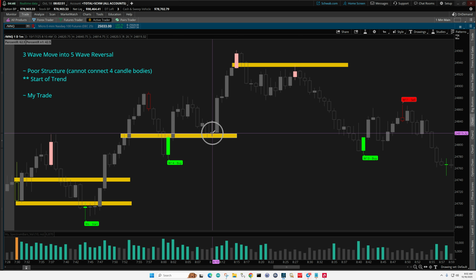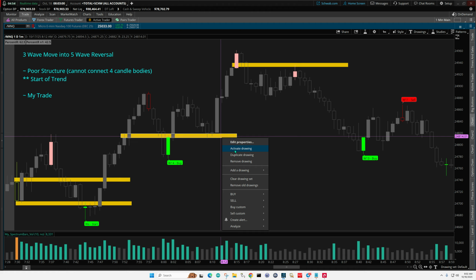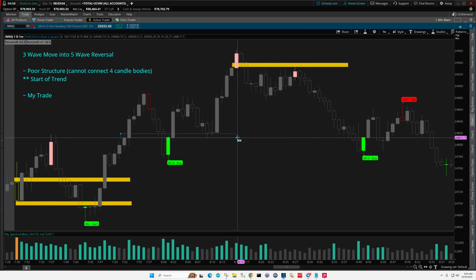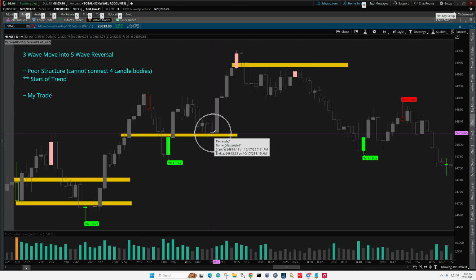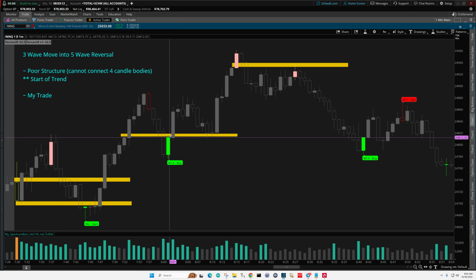So I'm using the bottom of this one, and I'm using the top of, let's say, this green candle, so we need to shrink this up a little bit. So you can see from the bottom of that doji, the bottom of the body, to the top of this green candle body, and it's not drawn perfectly, you can see we can connect one body, two body, three body.